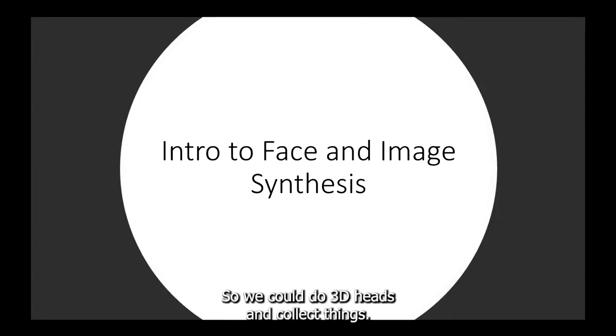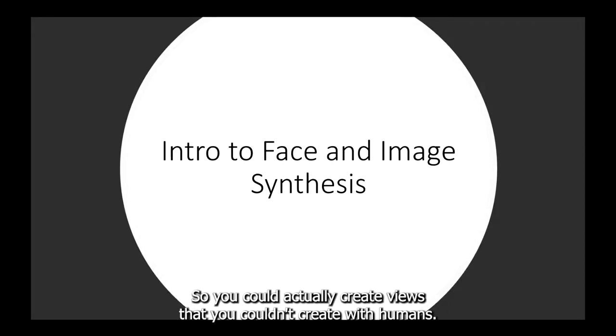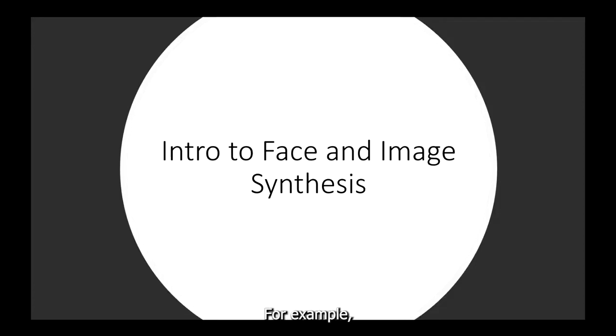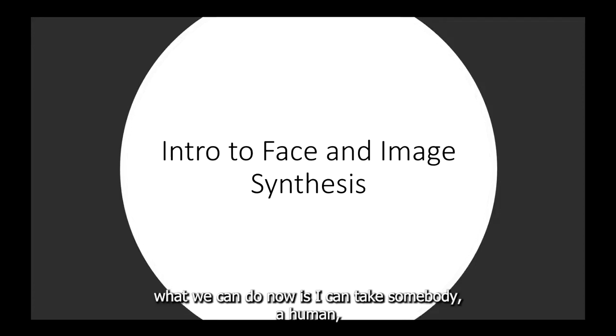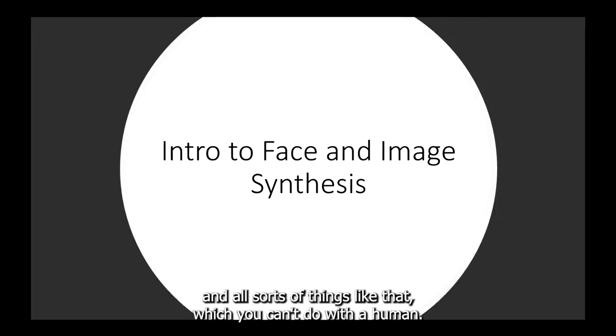So we could do 3D heads and collect things. We could also do synthetic 3D heads and collect faces that way by turning them around in space and making different views of the person. So you could actually create views that you couldn't create with humans. For example, what we can do now with AI is I can take a human, capture them and make them into a 3D head, and then age them and change their gender and all sorts of things like that, which you can't do with a human.